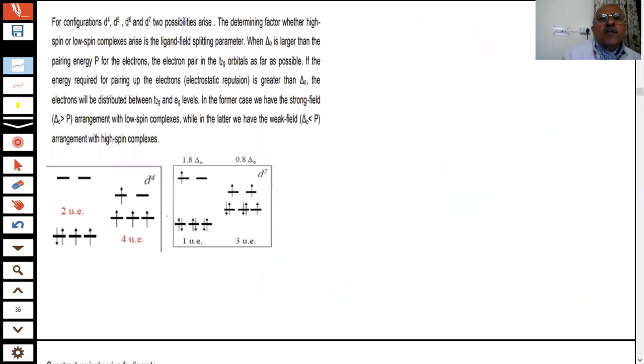Now the story is, student, if I have d4, d5, d6, there are two possibilities. Either the electrons pair up or the electron goes here. It will depend on this being my strong field and this being my weak field.